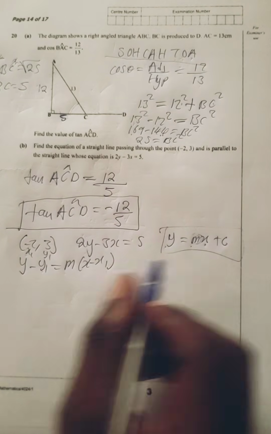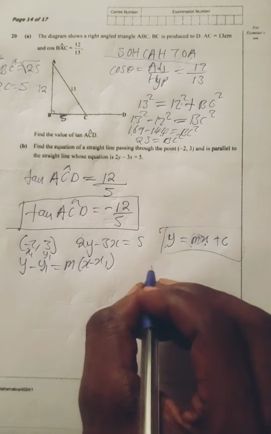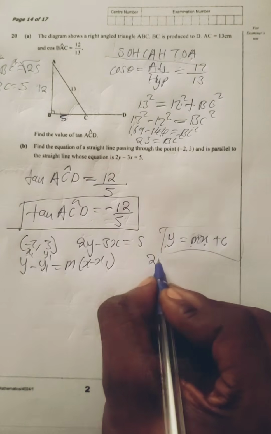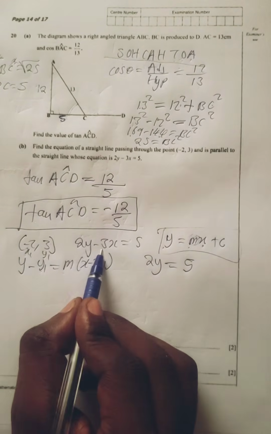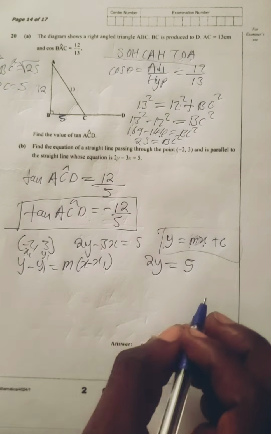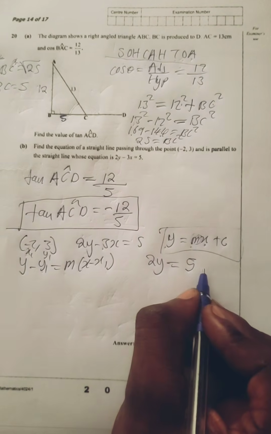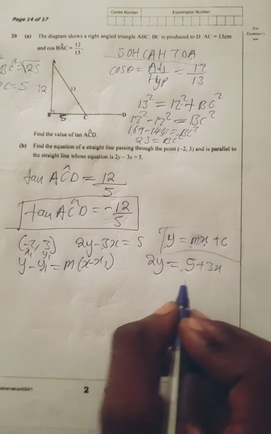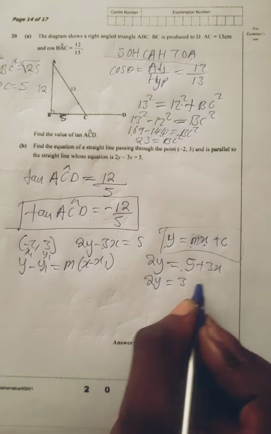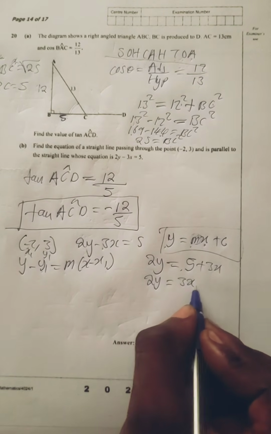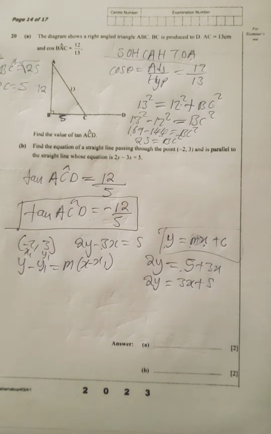So in this case, when we make y the subject of the formula, this will be 2y is equal to 5. When we take negative 3x to the other side, it's going to be plus 3x. Actually, it should come first. So we're going to have 2y equal to 3x plus 5.